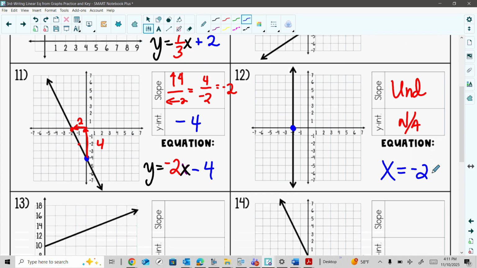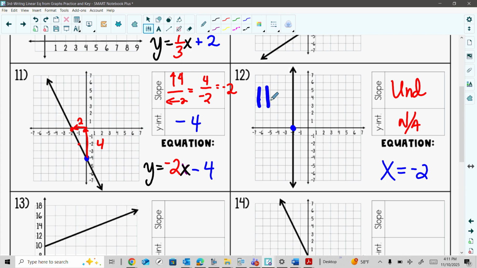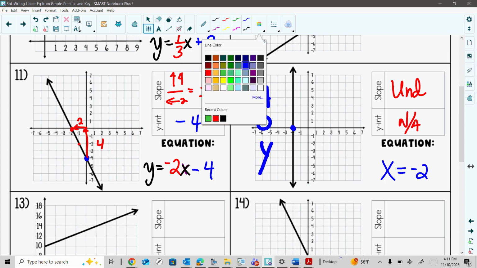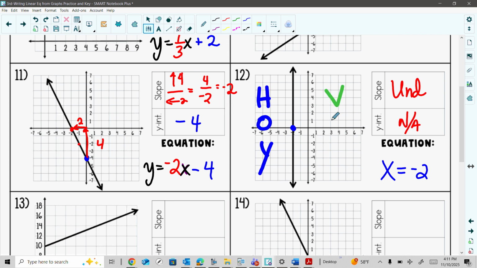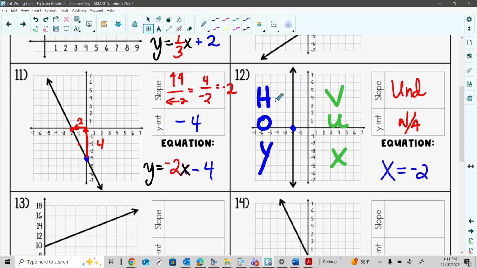So the acronym we use to help students remember is HOY, and the other one is VUX. The H here is for horizontal.